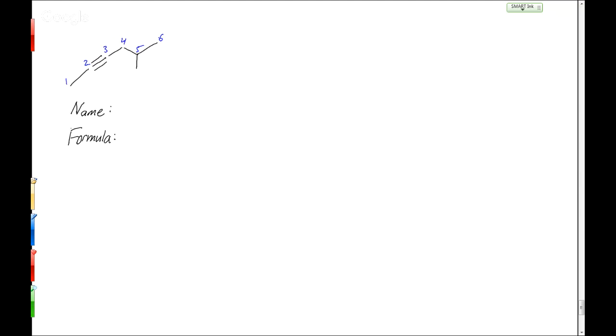All right, so we got a name? Close. Oh, sorry. So it is 5-methyl, is the methyl group there. But then we have to specify where that triple bond is, because it could be at the end, it could be there, it could be at the next carbon over.